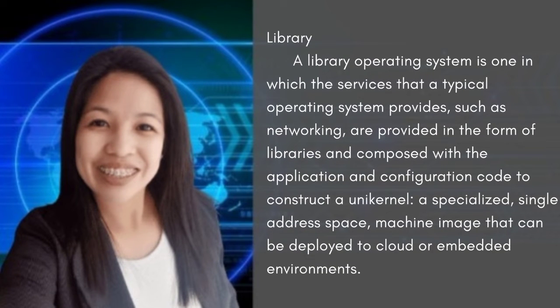A library operating system is one in which the services that a typical operating system provides, such as networking, are provided in the form of libraries and composed with the application and configuration code to construct a unique kernel, a specialized single address space machine image that can be deployed to cloud or embedded environments.